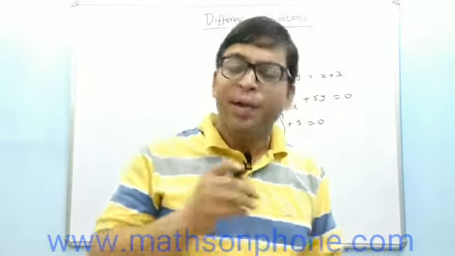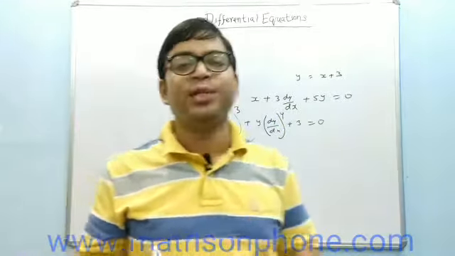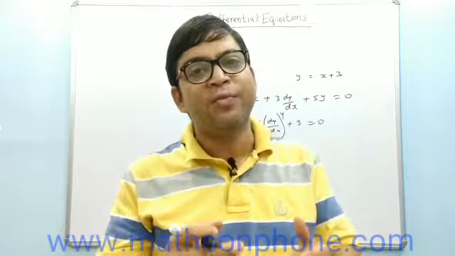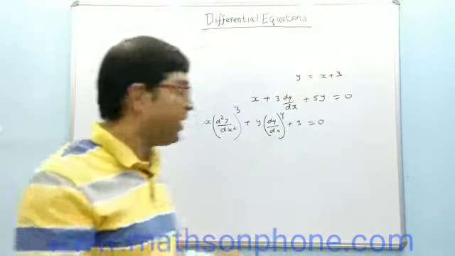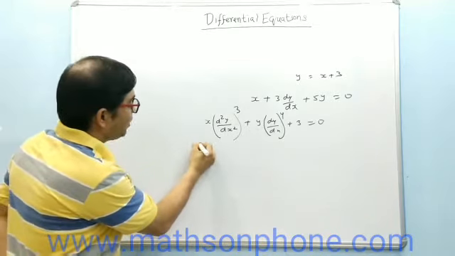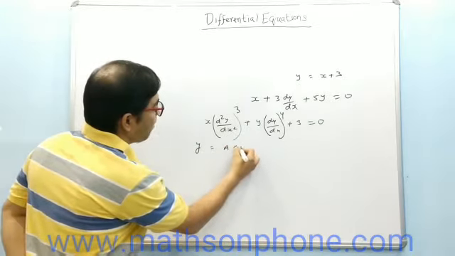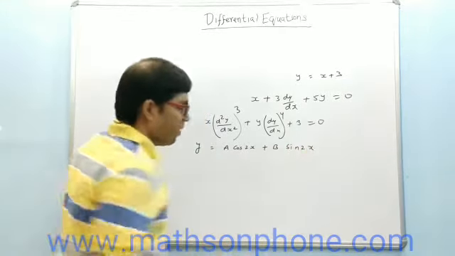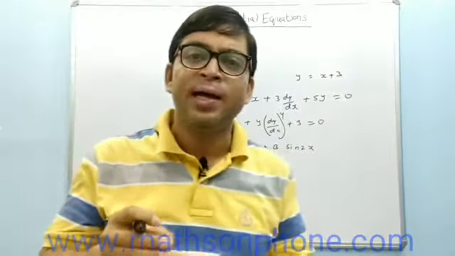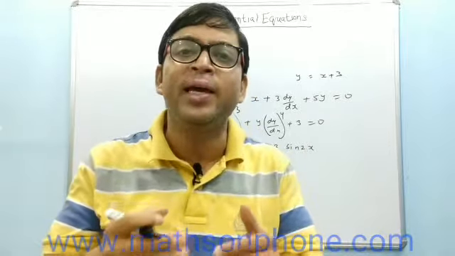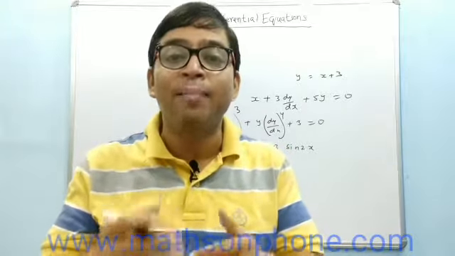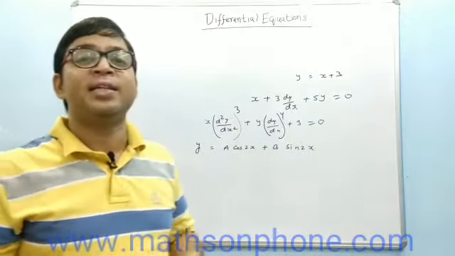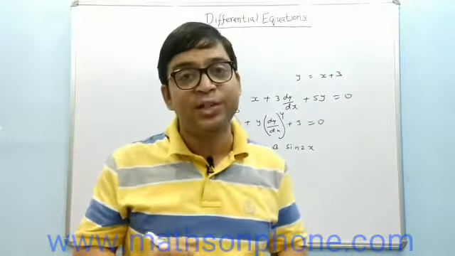Now we will see how a differential equation is formed, how many derivatives are needed to form a differential equation out of a simple equation. See, one example I am taking. If y is equal to a cos 2x plus b sin 2x. There is a general rule: how many parameters, how many arbitrary constants are there which we have to get rid of, decides how many times we have to differentiate.